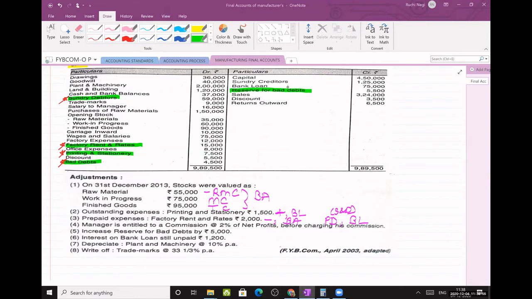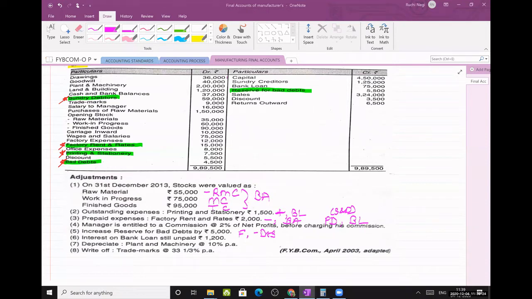Now what we have to do? We know the second effect: we will put it in the formula for bad debts, and we will subtract it from debtors. I will be putting it in the formula the way you have been using the formula since your 11th standard.